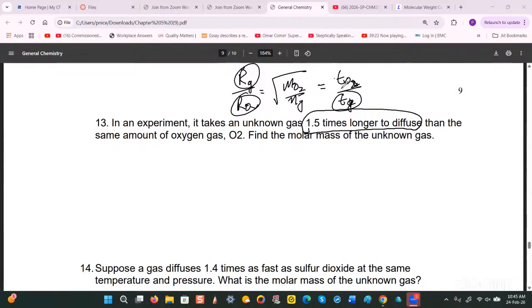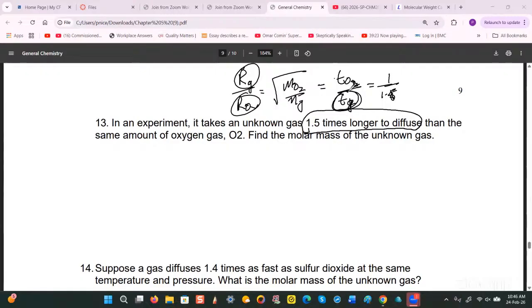So it is on the basis of this that you're going to find the molar mass, right? So how am I going to do this now? Because the unknown gas diffuses 1.5 times longer compared to oxygen, I'm going to put 1 over 1.5 here, right?